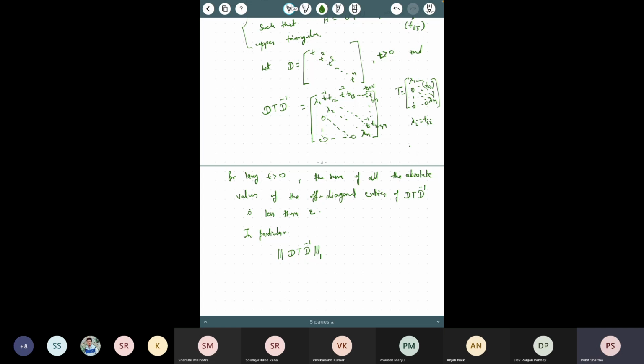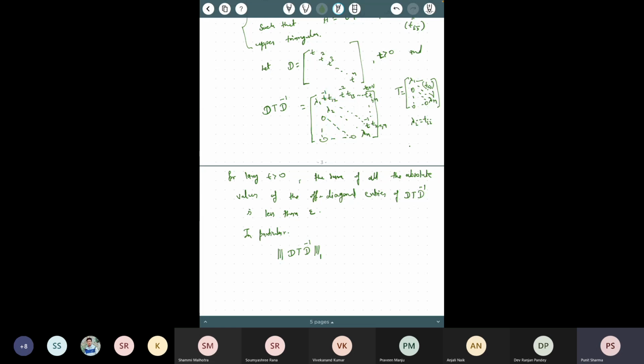Operator 1 norm is the maximum column sum. And here, for large t, we can say that the sum of all these off-diagonal entries is less than epsilon. So if I take the column sum, and take the maximum of it, that would be your 1 norm.